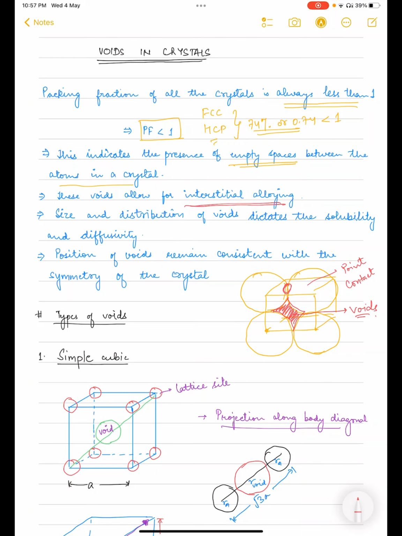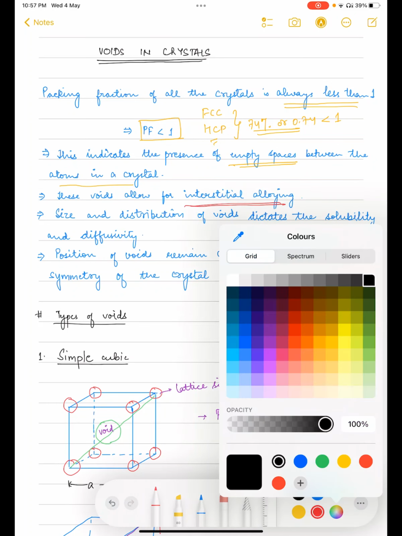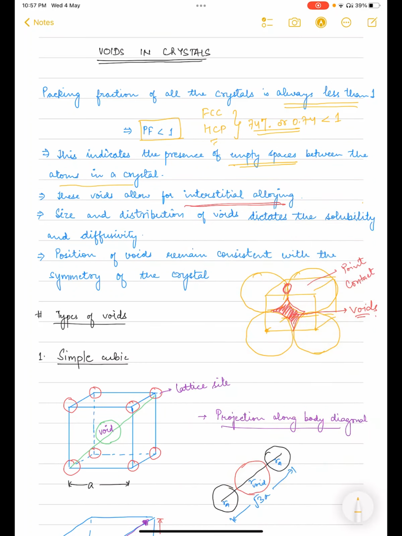What is interstitial alloying? Interstitial alloying is when a foreign particle, or your alloying element, whatever element you are adding, sits in these interstitial positions. Okay? So these are the interstitial positions.